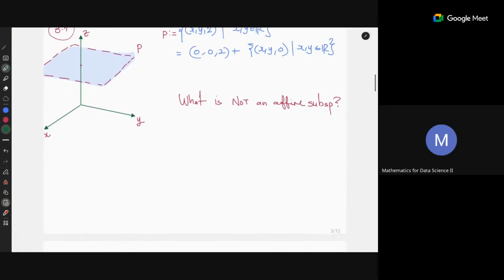Let's take the R2 plane itself. Now consider this subset of R2, which is x comma x square.